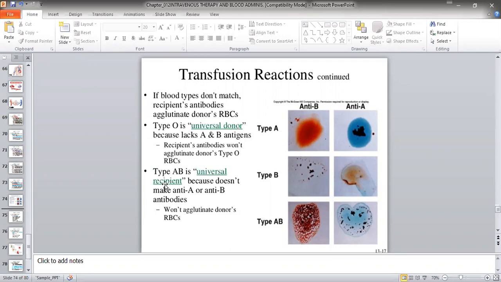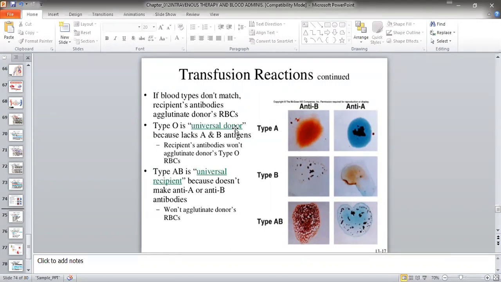So keep in mind, the safest blood to administer in an emergency if the blood type is unknown is O negative. Understand?